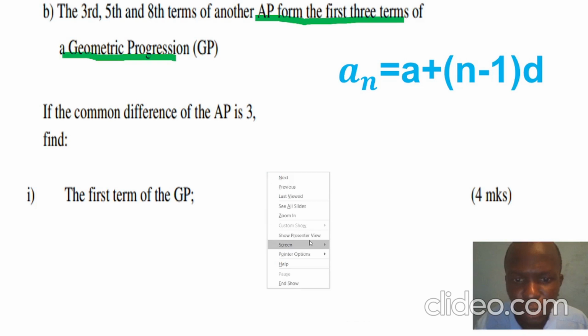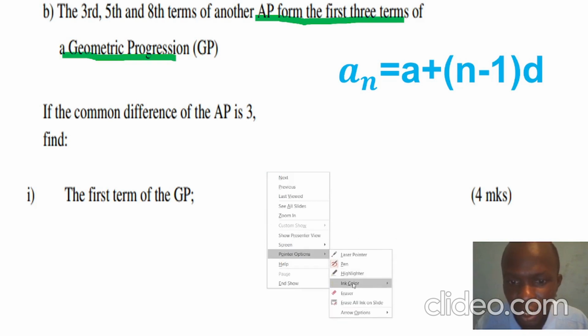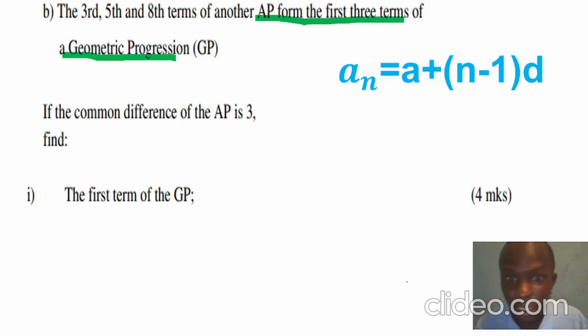Let me pick a different color. I think I have used green. Let me pick red. Yes, I've picked red. Now, I want us to understand that the third term of the AP is the first term of the GP.